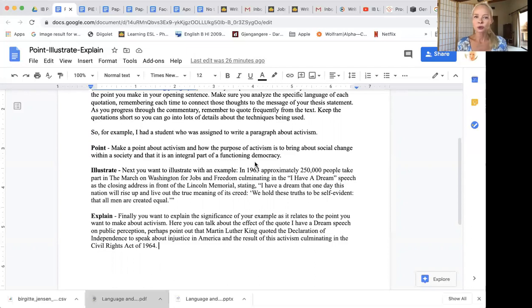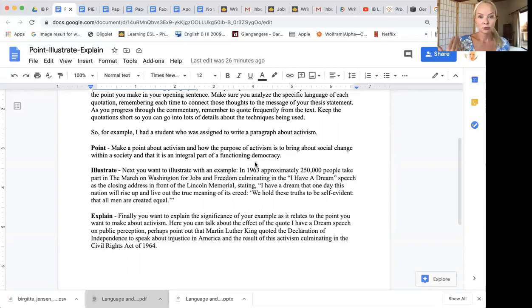If you were to use this as evidence to the point about activism, you would explain then perhaps the significance of this quote, the "I have a dream" speech, on public perception.